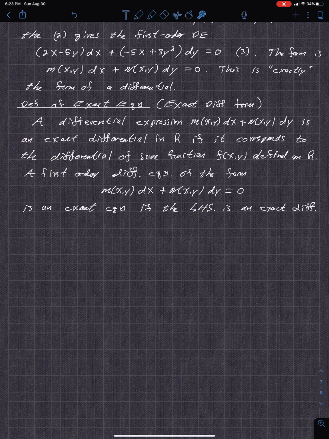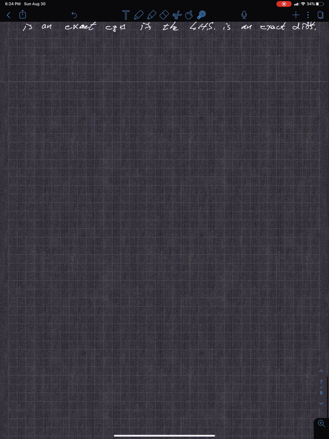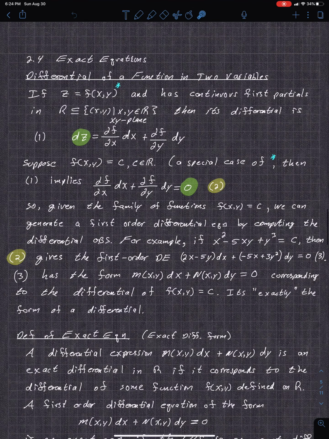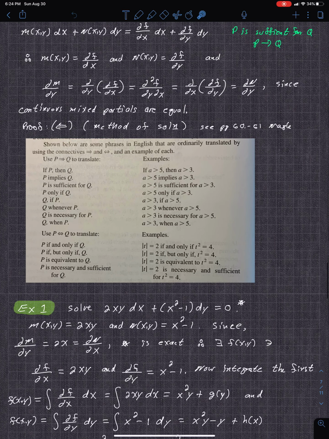So the next theorem gives what we say are the necessary and sufficient conditions for that to be true. And I wanted to put this in here to show you some of the language we're going to use for necessary and sufficient. So I'm going to just copy this over from my notes that I have already.